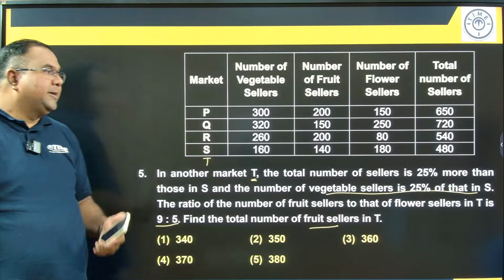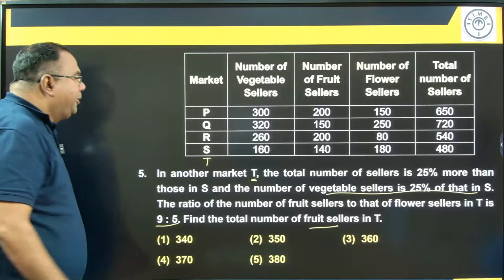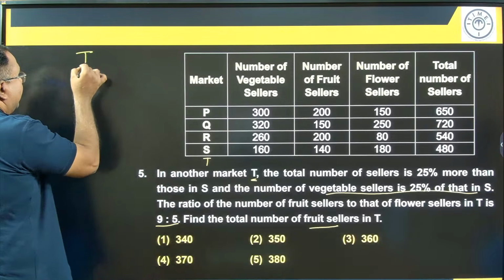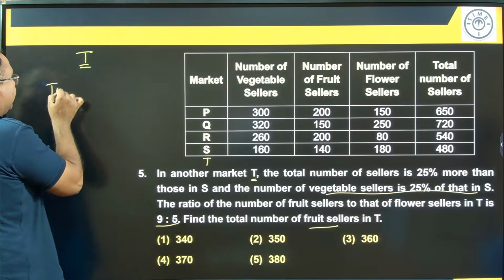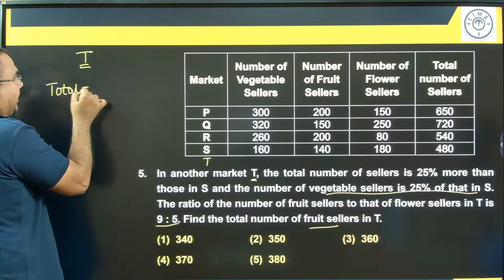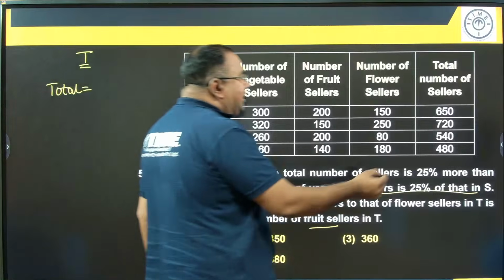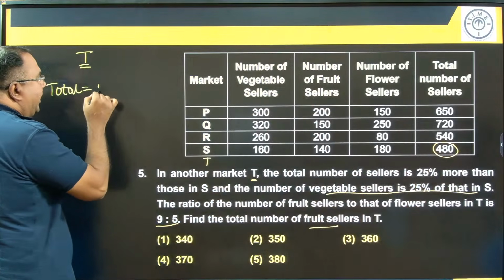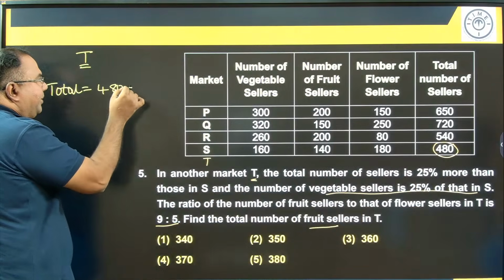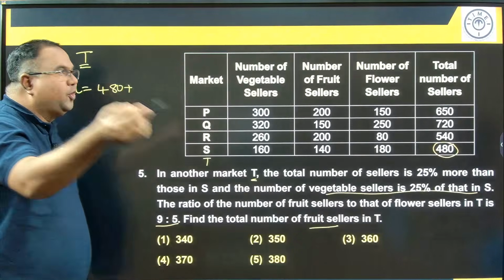Yes, answers please. I'm talking about another market T. Total number of sellers is 25% more than S. I can do it like this. In S, what are my total sellers? 480. It is 25% more than this. What do you mean by 25%? It is 1/4 of 480.